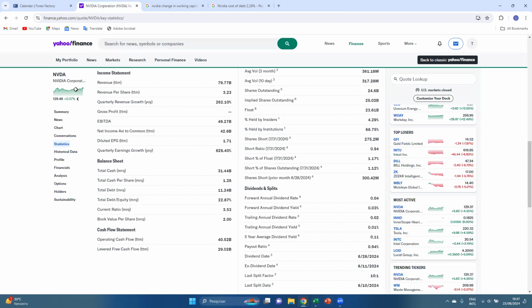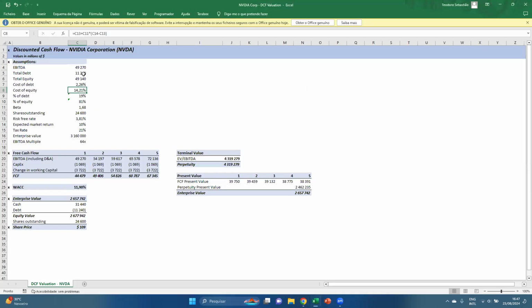Then we have the cost of equity. That is one of the hardest formulas, but we are going to talk about this in the end. Then we are going to have the percentage of debt. That is, among both equity and debt holders, how many percent is debt in debt plus equity, and how many percent is equity.